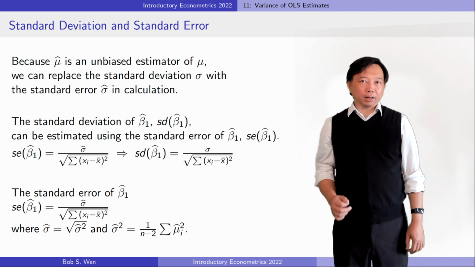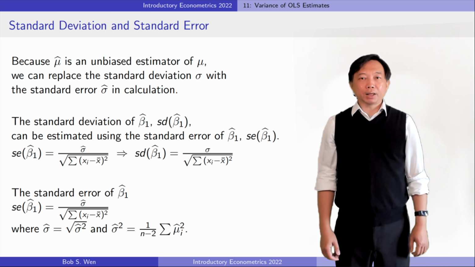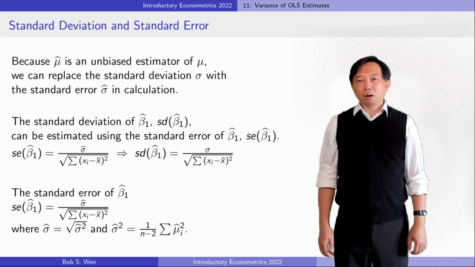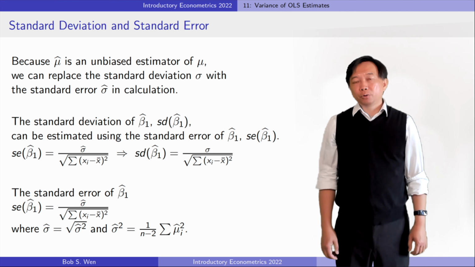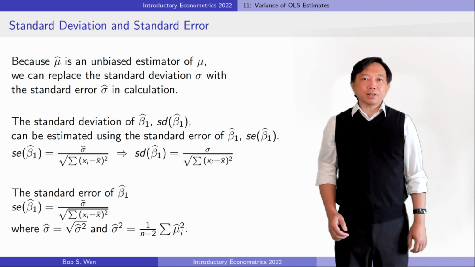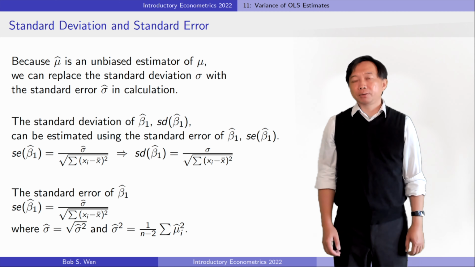We can get the standard error of the intercept estimator using the same method. All the econometrics and statistics software reports the standard errors of beta 1 hat and beta 0 hat.